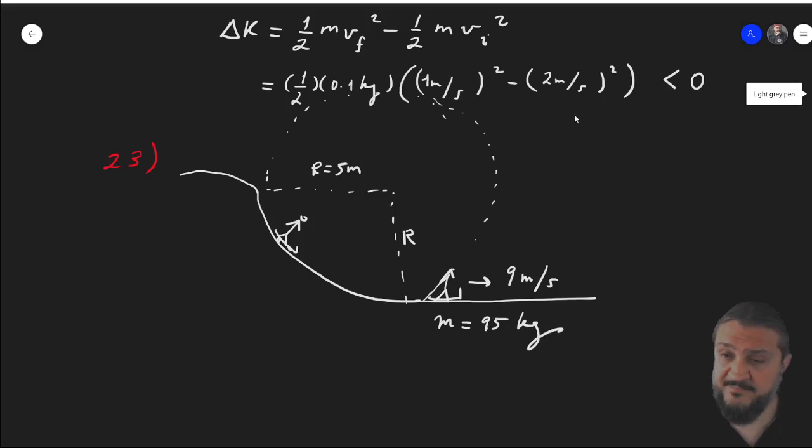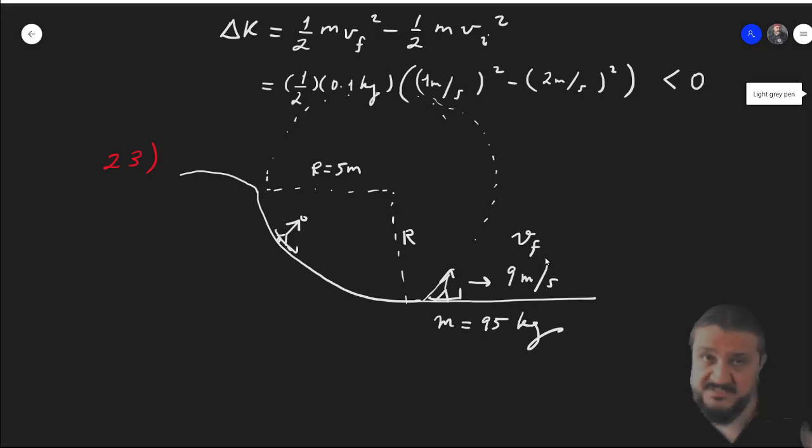Now, that is the final velocity. Okay. How much work is done by friction? Okay, work done by friction, in other words, energy dissipated due to friction, as the skateboard goes down the ramp. Now, I guess we're supposed to assume that he starts at rest here.